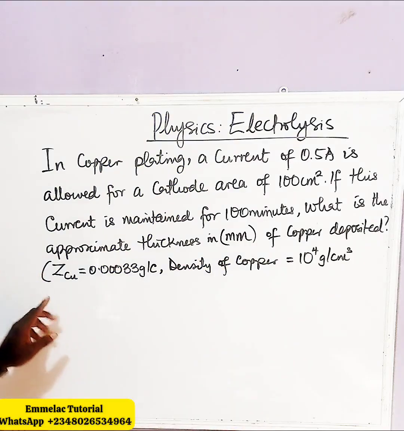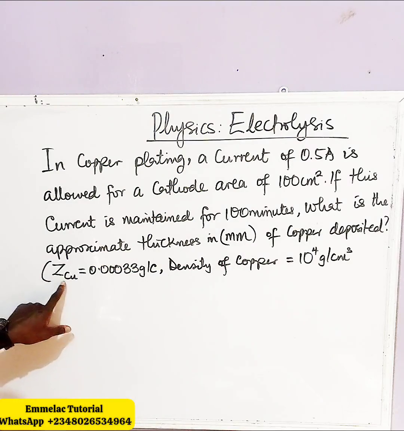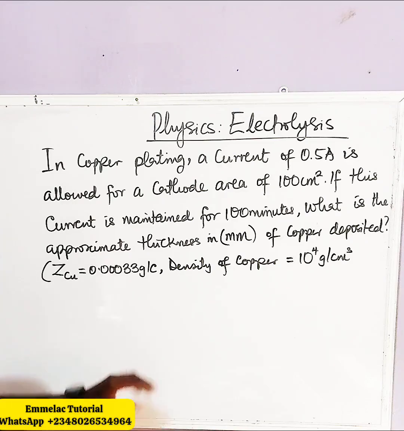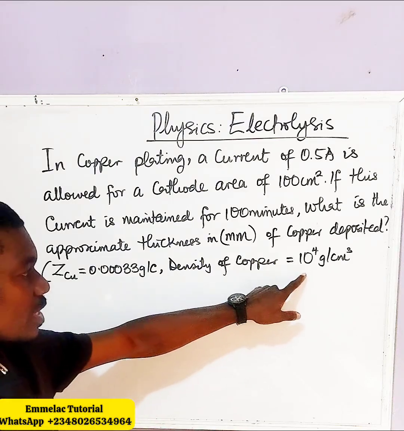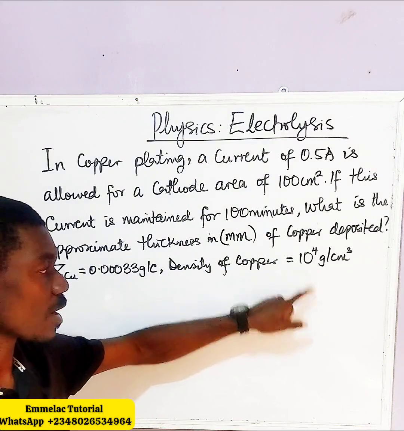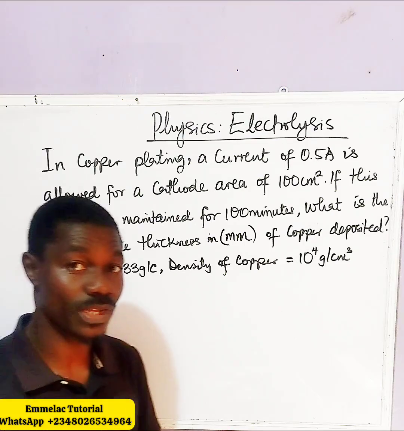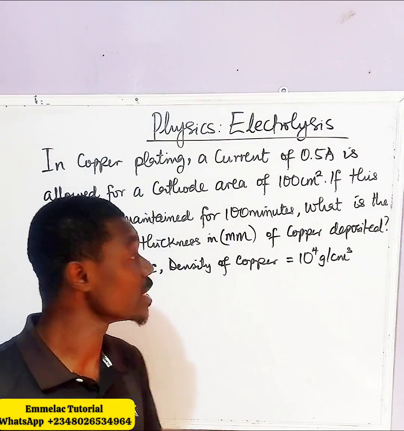In this case, we are given that the electrochemical equivalent of copper here is given as 0.0033 gram per coulomb. Now the density of the copper is given as 10 raised to the power of 4 gram per centimeter cube. So first and foremost, all we need to do is to write out the parameters given in the question.